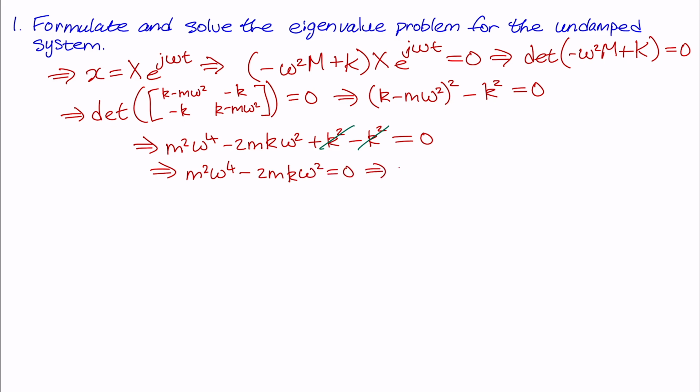We can pull out an omega squared here. In fact, actually, we can pull out an m. So let's start that over. We'll write here m omega squared times m omega squared minus 2k, and all of that must be equal to 0.